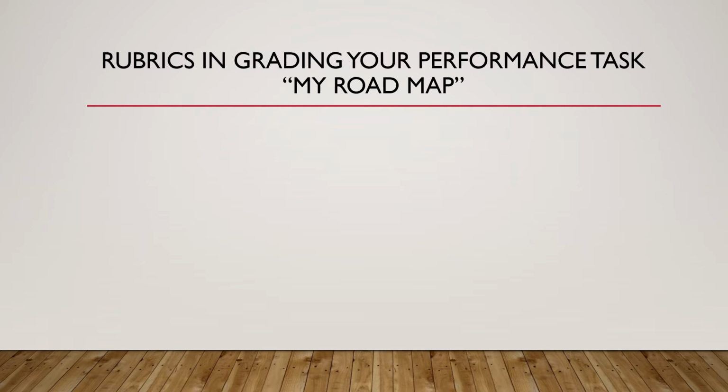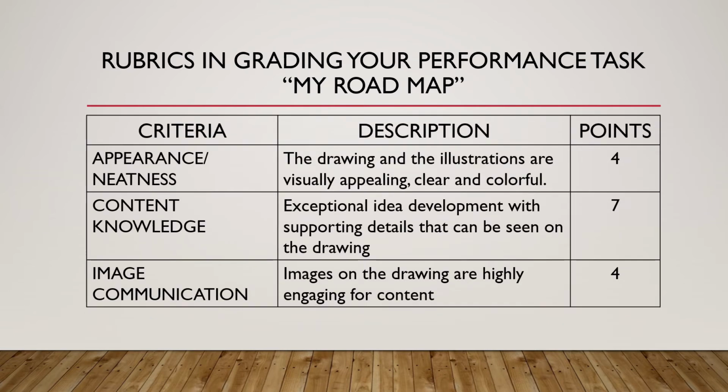Next. So, we have here the rubrics in grading your performance task. Ma'am, how will we be graded? The perfect score will be 15 points. Where will you see the 15 points? First, neatness and appearance, 4 points. The drawing and the illustrations are visually appealing, clear, and colorful. Then next, content knowledge. What does content knowledge mean? Exceptional idea development with supporting detail that can be seen on the drawing. What will I look at here? Why is it so large, 7 points?